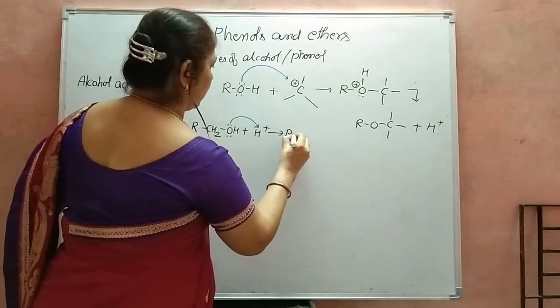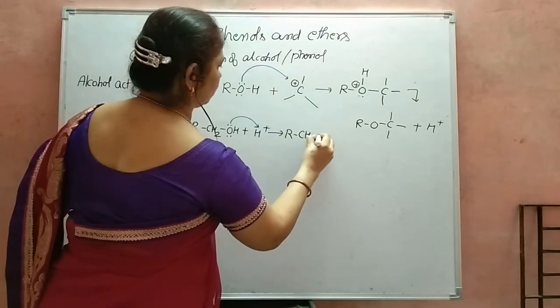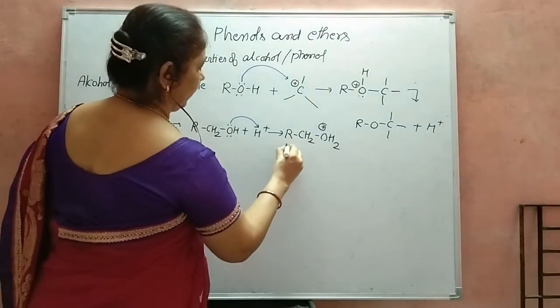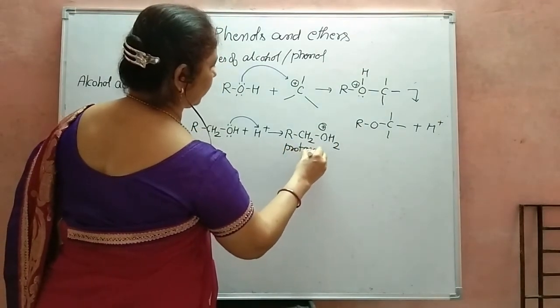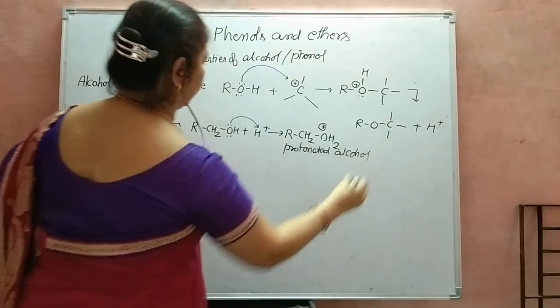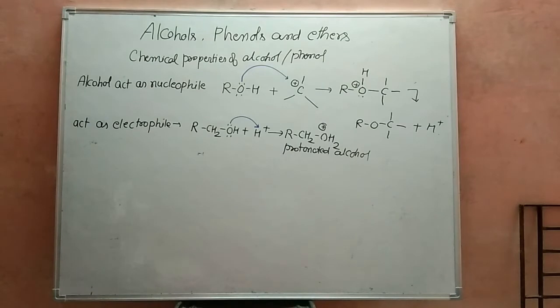So it forms RCH2OH2 positive, which is positively charged. It is called protonated alcohol. Alcohol पर एक H positive जुड़ गया. That's why it is called the protonated alcohol.